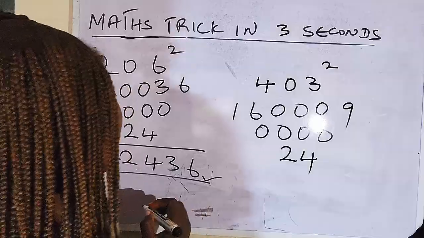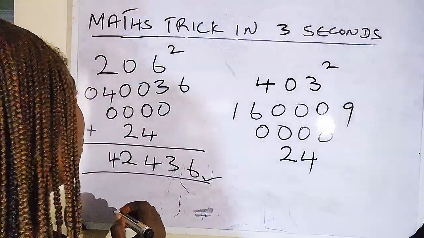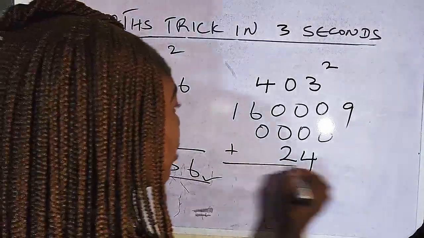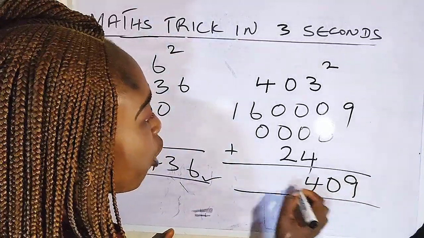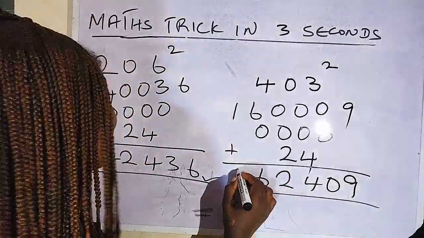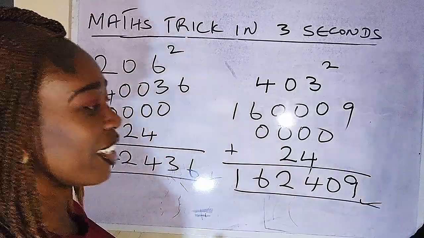Write 24. So we add them together. What we do, we have 9 0 4 2 6 1. So this is the answer.